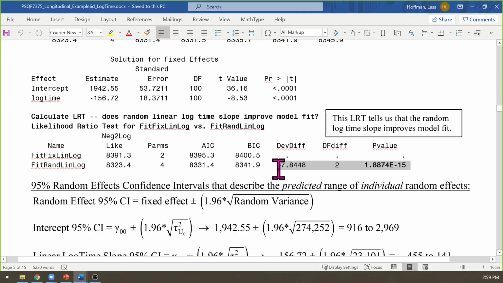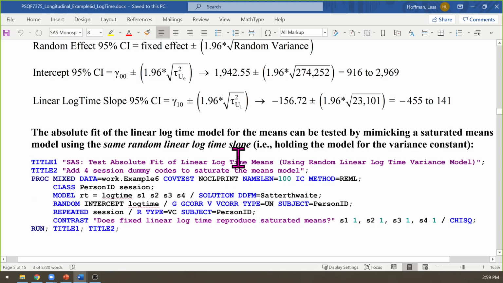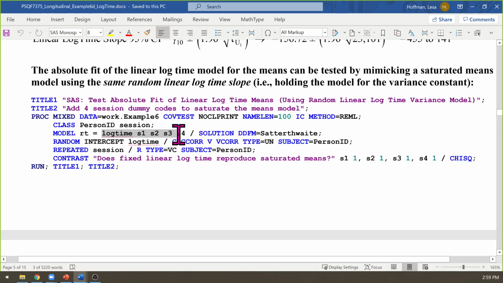Here's some effect sizes for that. Is this good enough? Since it does look like it's pretty plausible. In this case, I have to put in 4 dummy codes. I have session 1, 2, 3, and 4 dummy codes in to saturate the model to test whether or not this is good enough with respect to the fixed effects. Why do I have 4 this time and not 3?